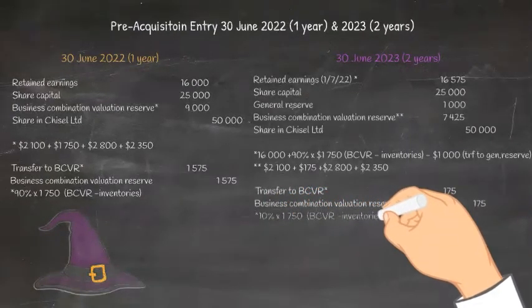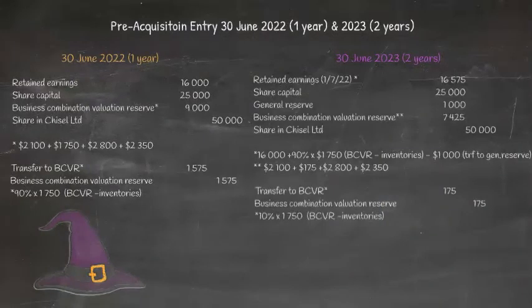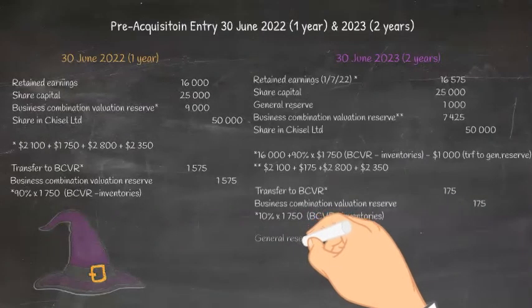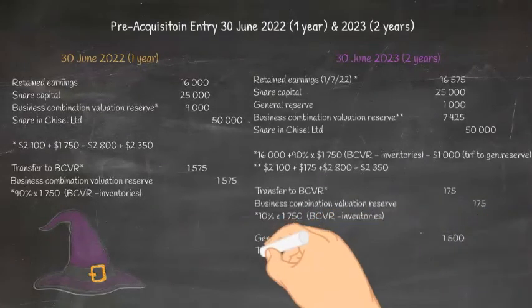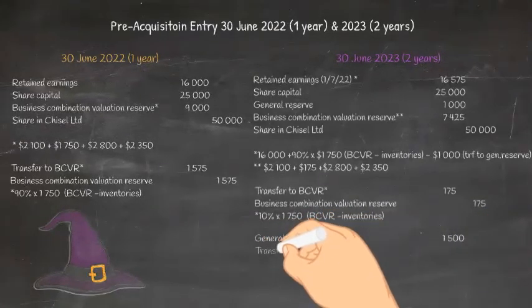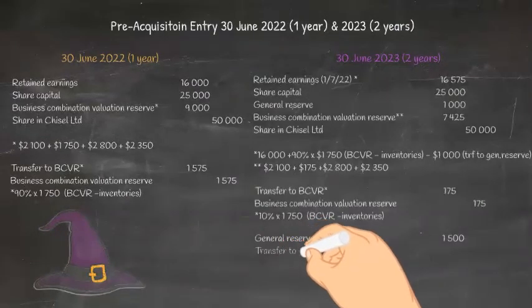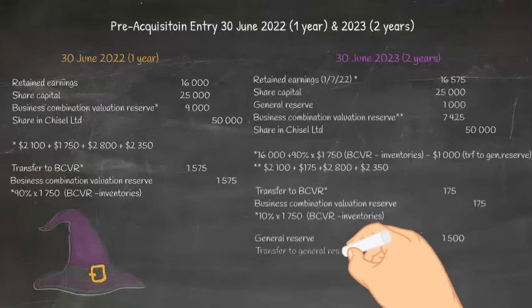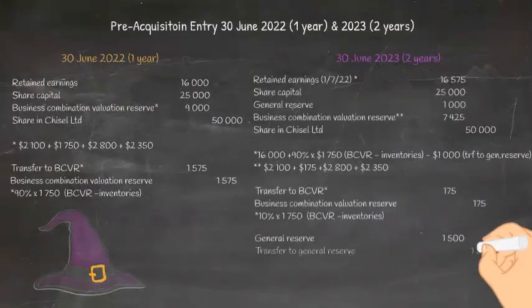I have shown you how adjusting entries are made in the form of journal entries. When a consolidation worksheet is used, what we need to do is to record the adjustment on the worksheet. All the accounts are presented in the worksheet. All we need to do is to insert the adjustment onto the worksheet.